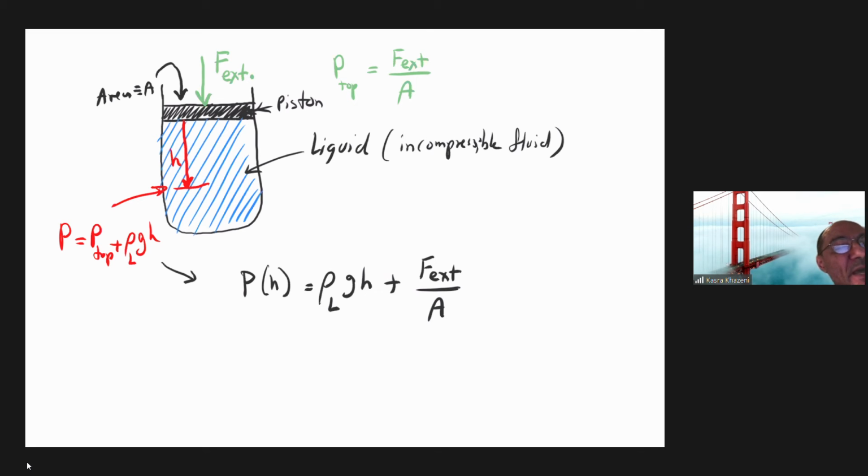The pressure at this height shows up on the walls this way, at any point here, and at this wall that way as well. So as long as you're at that height h, the pressure shows up equally everywhere within that liquid at height h, and then also at height h, the pressure is transmitted to the walls of the container.